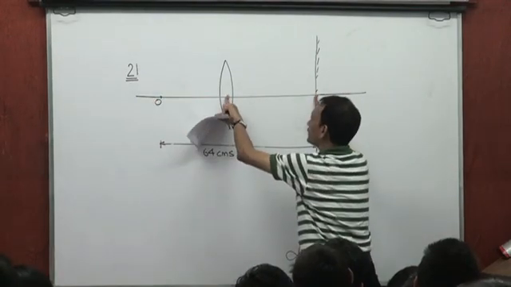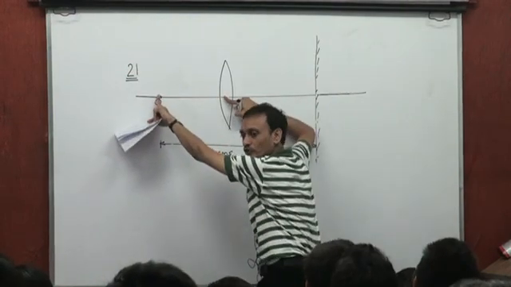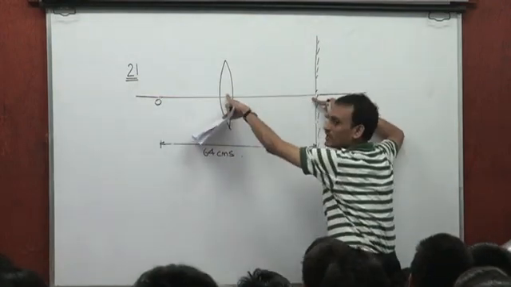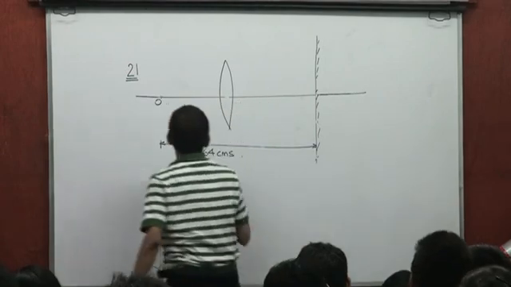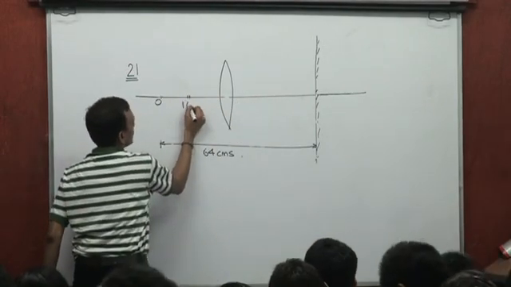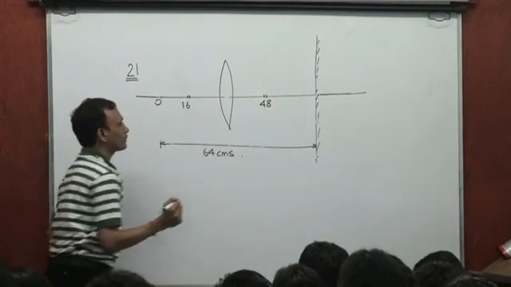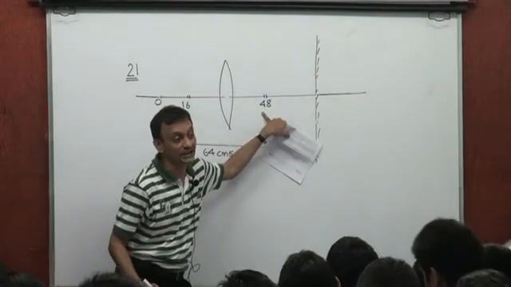That means this must be 3/4 of 64 centimeters, and this must be 1/4 of 64 centimeters, right? So this must be 16 centimeters, and this must be 48 centimeters. Yes or no? So then, this is 16, this is 48. So when the object distance is 16, the image distance V is minus 48.